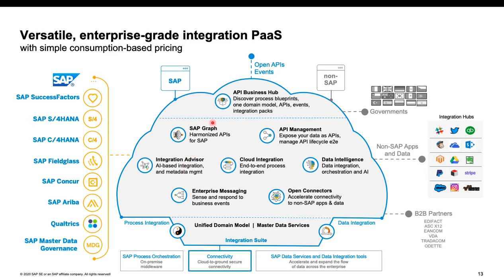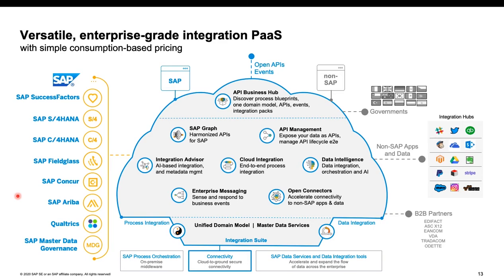And then the SAP Graph, as mentioned, together with the unified domain model, will provide even further simplified, harmonized APIs to access the SAP applications, to harmonize the access to different applications like SuccessFactors, Fieldglass, Concur, Ariba. Some interfaces are different in the different applications since we also acquired these solutions a few years ago.